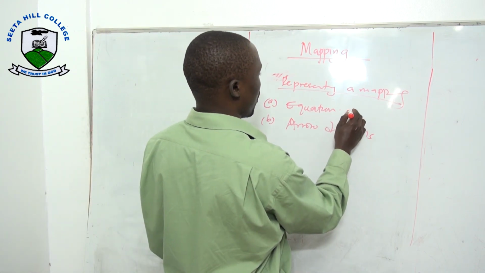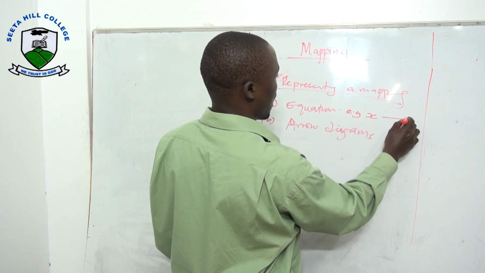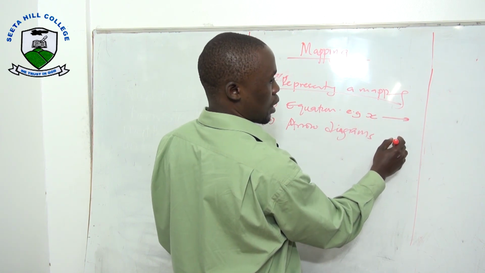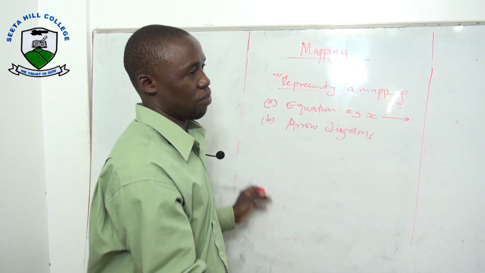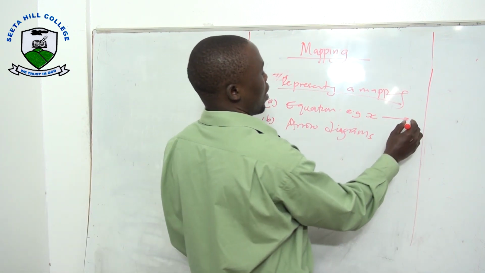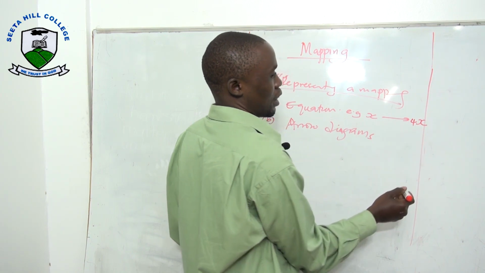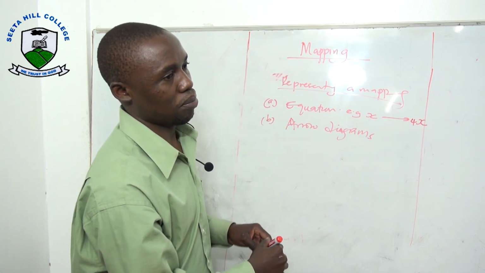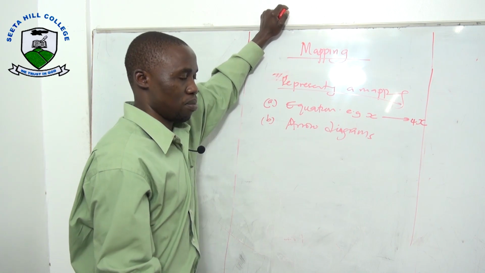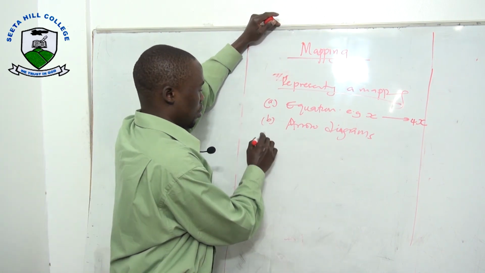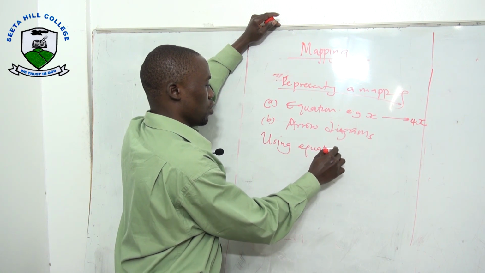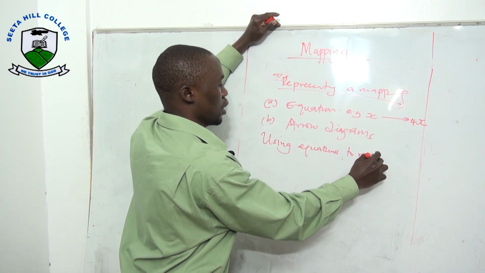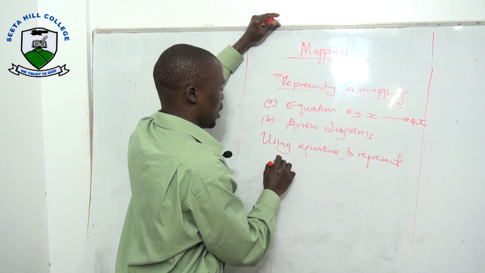For example, for an equation, we can say x gives us 4x. Using equations to represent mapping.